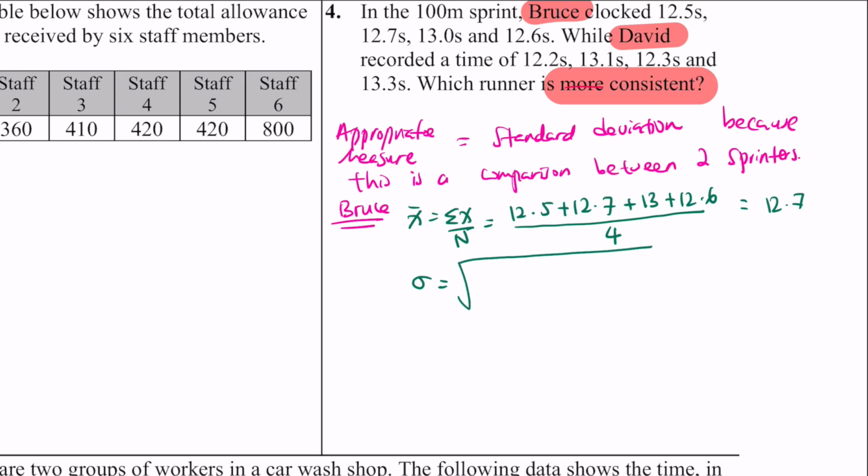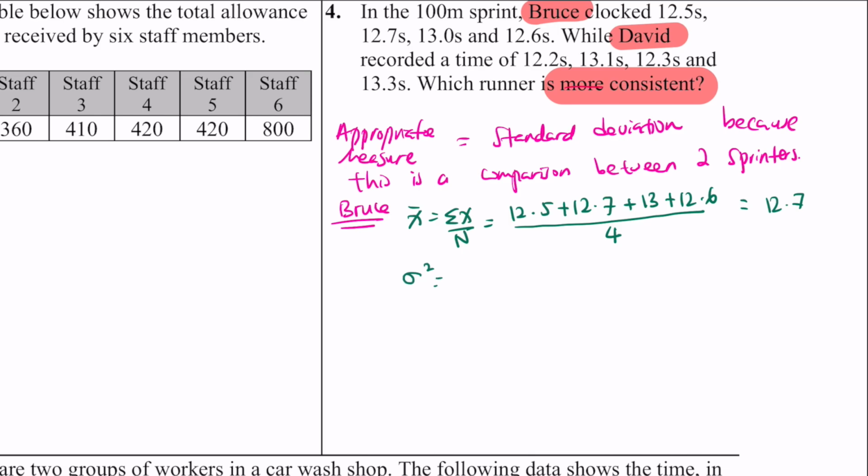So the variance is 12.5 squared plus 12.7 squared plus 13.0 squared plus 12.6 squared divided by, I think we should do it one by one.